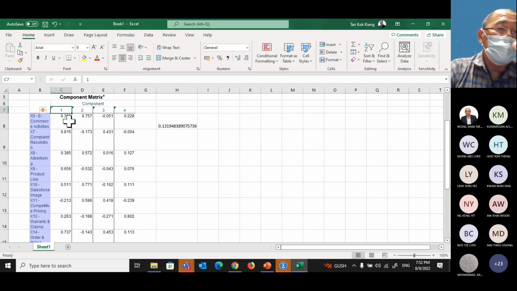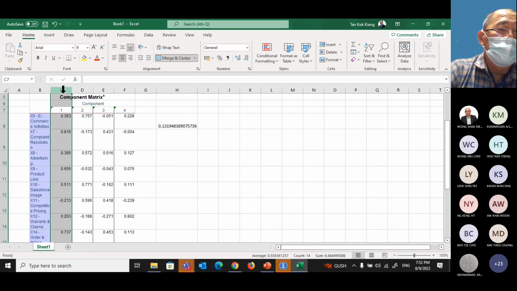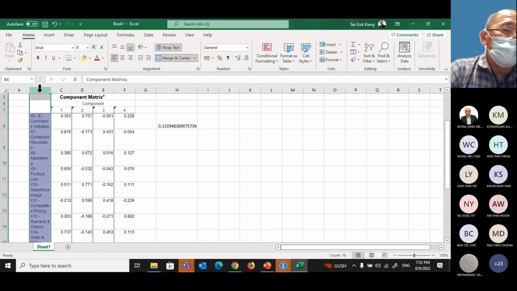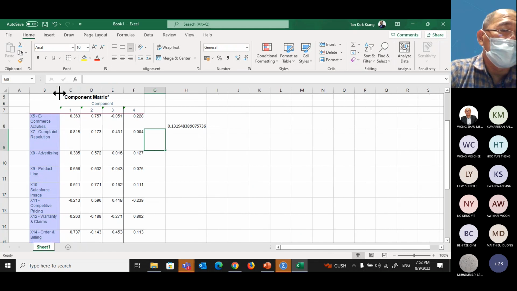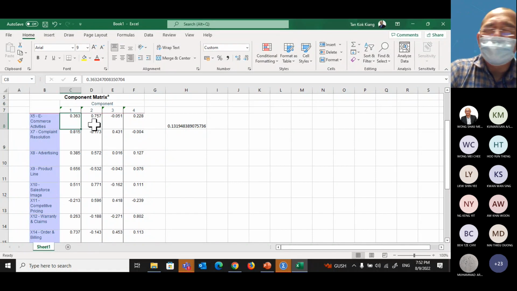Column C is component 1, and column B actually lists the variables that we have from the SPSS data. 0.363 means it's the relationship between x5 and component 1. Component 1 is also the factor 1.